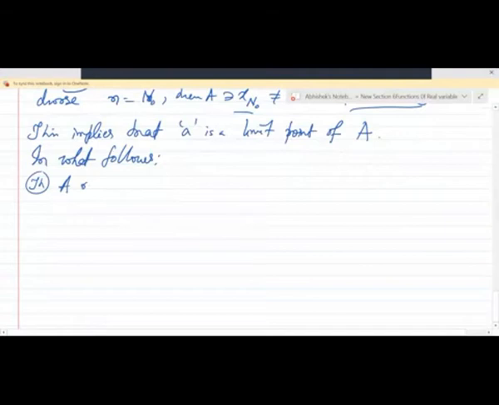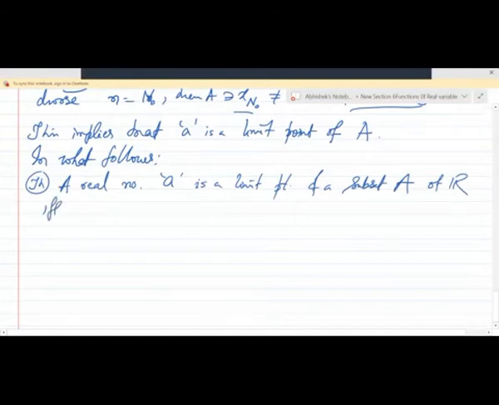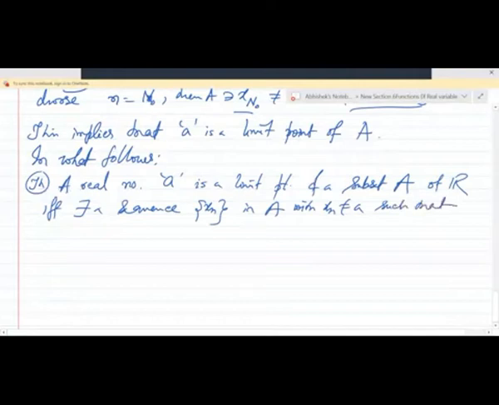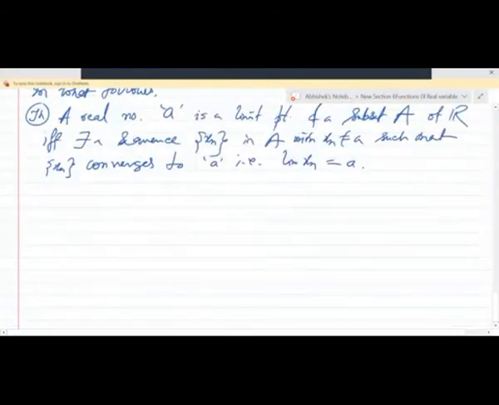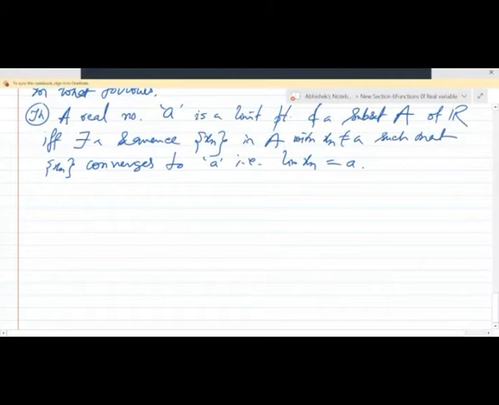That a real number small a is a limit point of a subset capital A of R if and only if there exists a sequence xn in A with xn not equal to a such that xn converges to small a, that is, limit of xn will be small a.